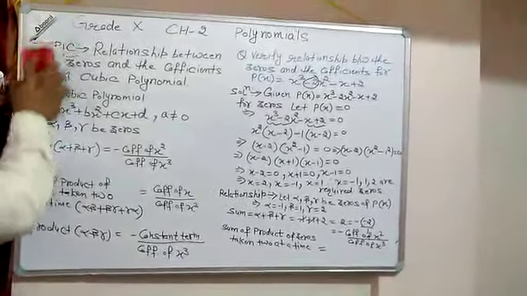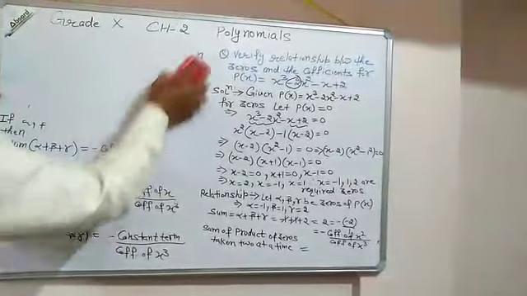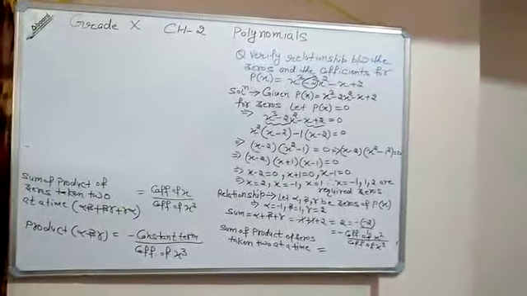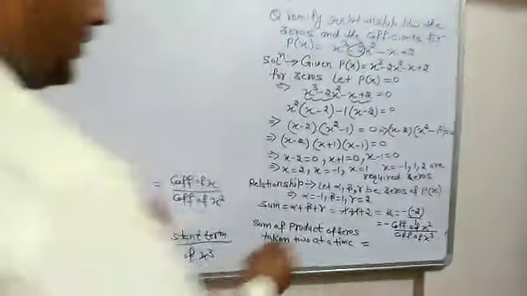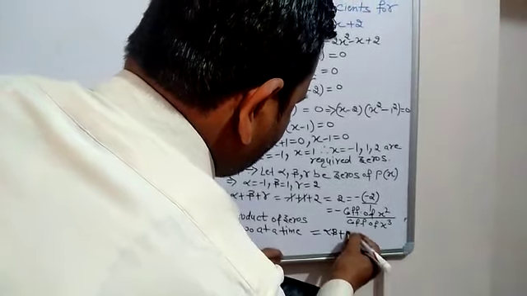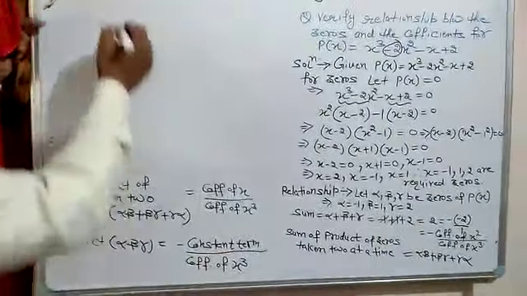So see, the sum of product of zeros taken 2 at a time, that is alpha beta plus beta gamma plus gamma alpha. Let us substitute the values here.